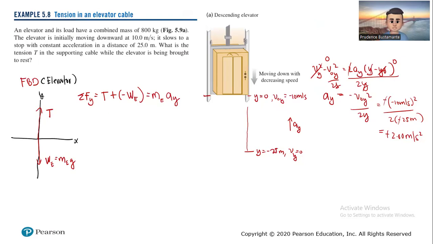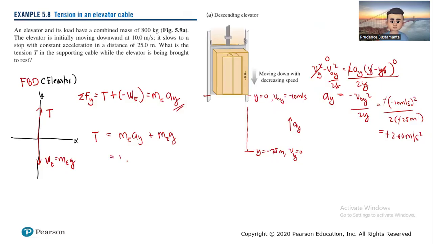So why not zero? Because our system is accelerating, Newton's second law of motion. So the tension is equal to the mass of the elevator times a sub y plus the mass of the elevator times g.